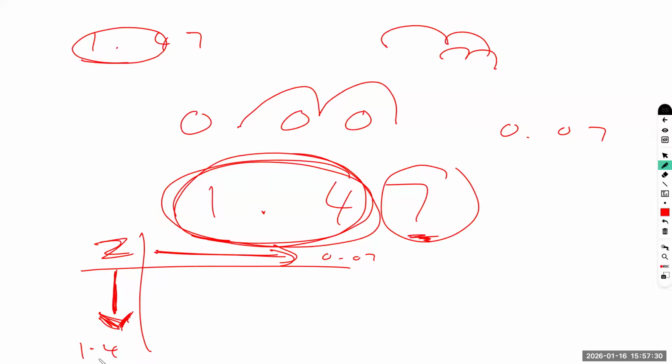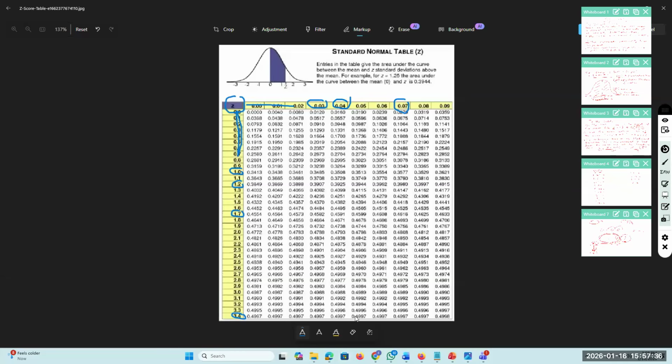Pay attention to the tracing very well. Let me clean everything. This is the time we will pause it, and let's watch for this one second and then continue. 1.47.